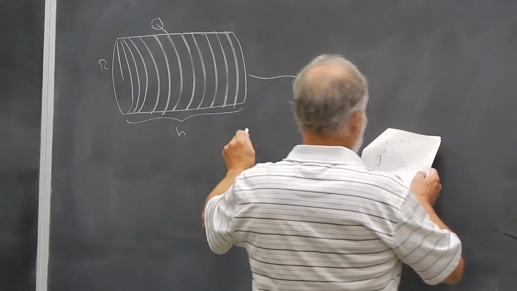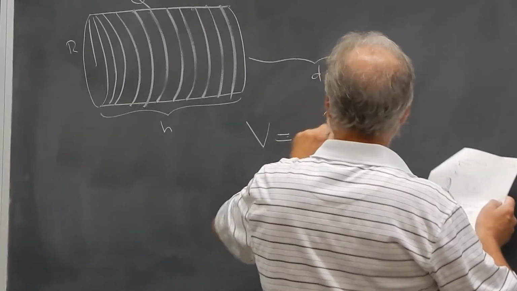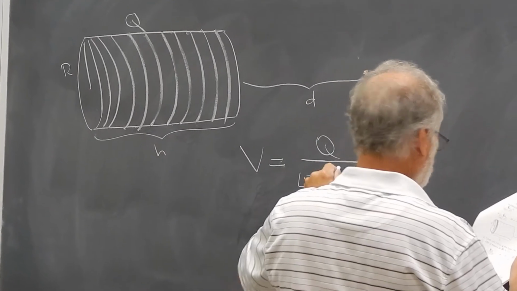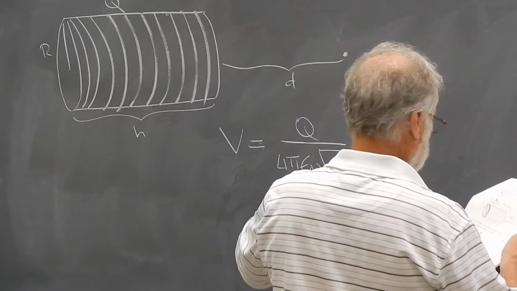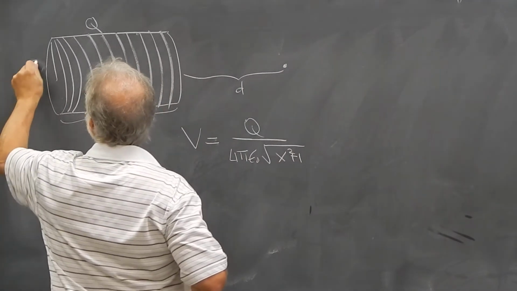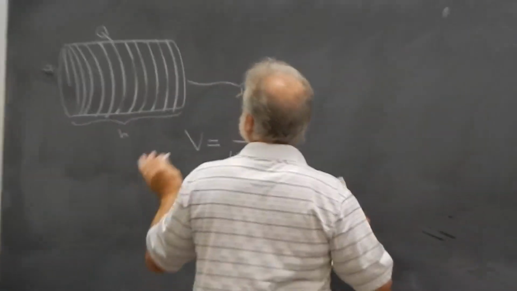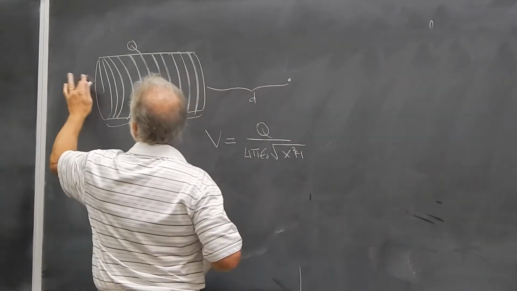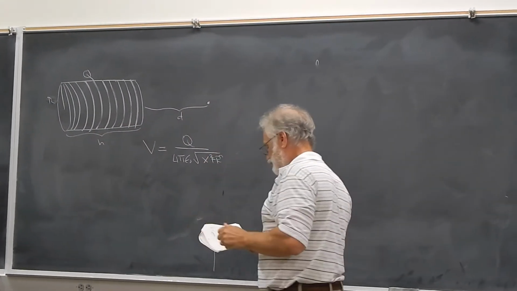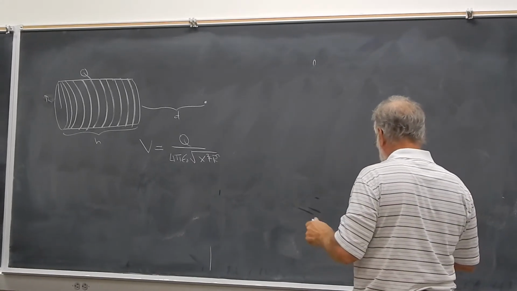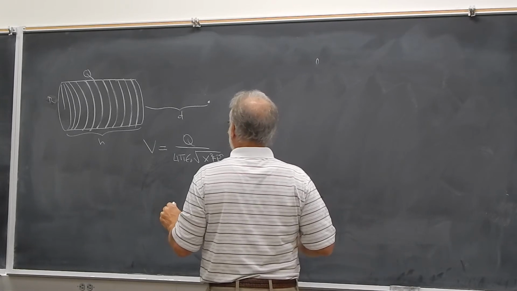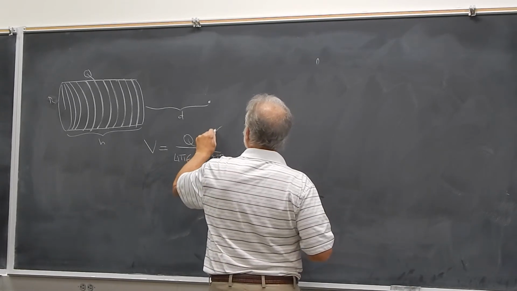And we can write that as V is Q over 4 pi epsilon naught square root x squared plus, let's call this radius A. Well, it doesn't matter, we're going to change it anyway. We'll call it R, fine. x squared plus R squared. So this is for one ring.